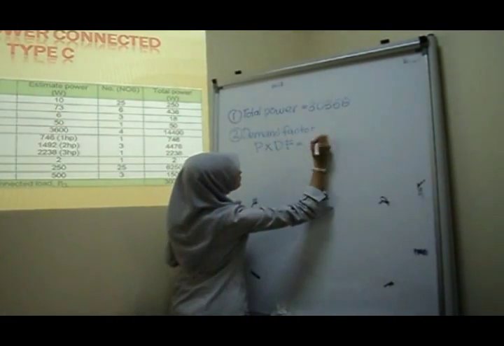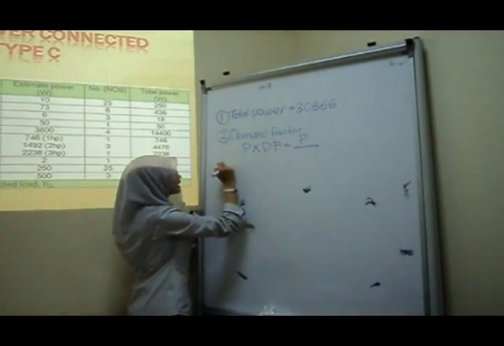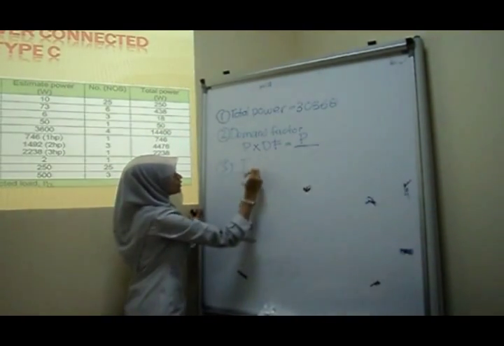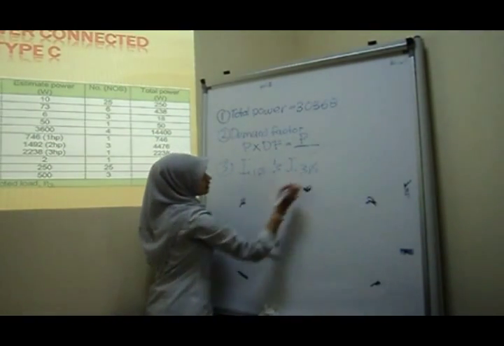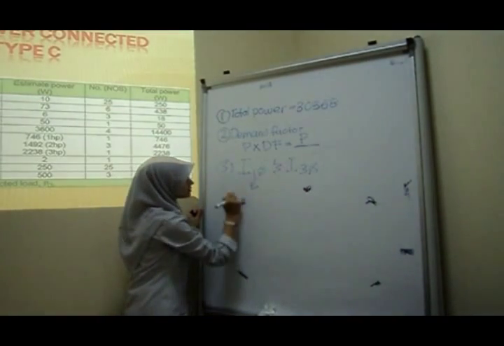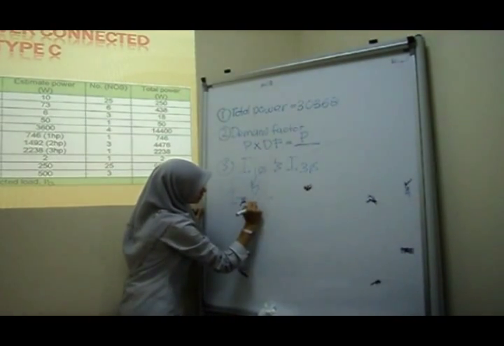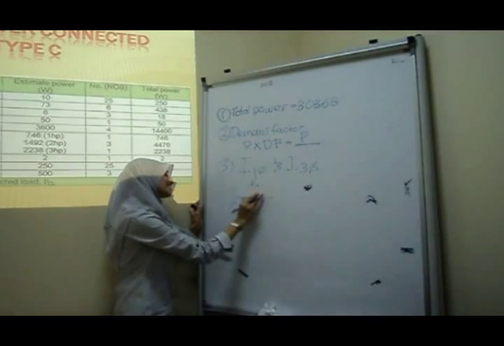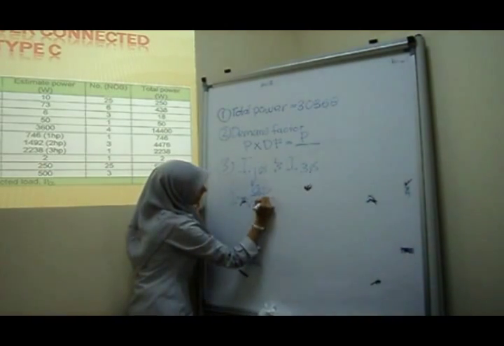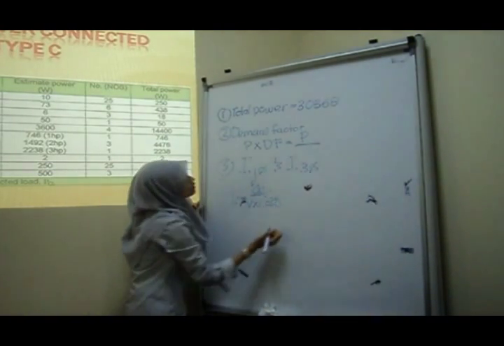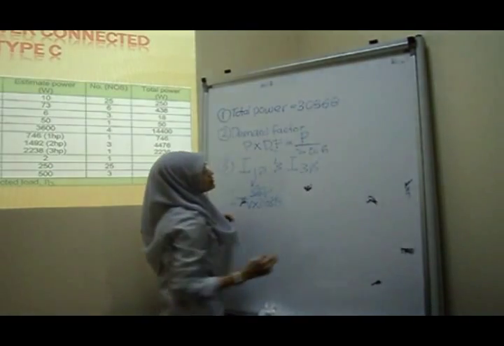With this power, we have to calculate the current for one phase and for three phase, using the formula for one phase, I equals S over V, that is power over V times cos theta. For this diversity factor, we are using 0.6.